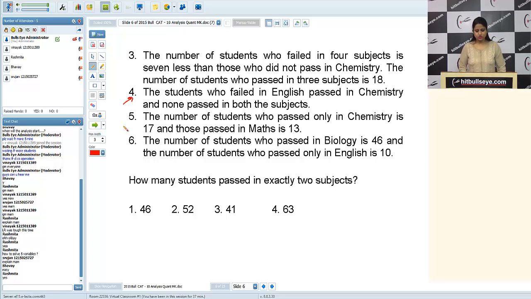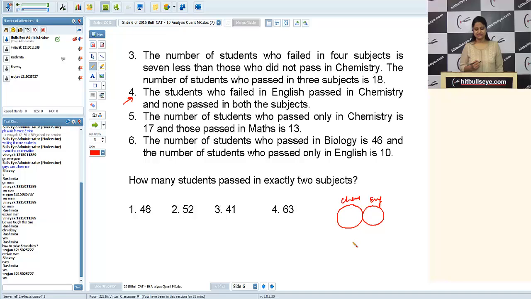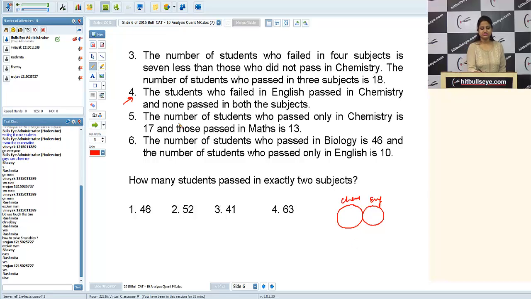The students who failed in English, they are passed in chemistry. It means English and chemistry, they will be different circles. Is it okay? Clear? The students who failed in English, who are not passed in English, they are passed in chemistry and none passed in both the subjects. That's why there is no intersection here.